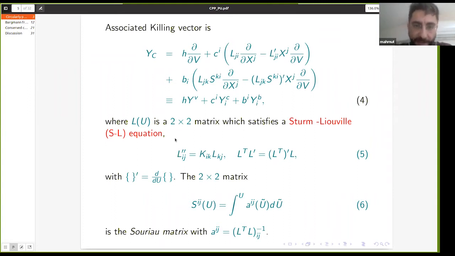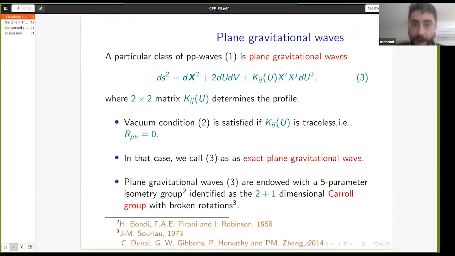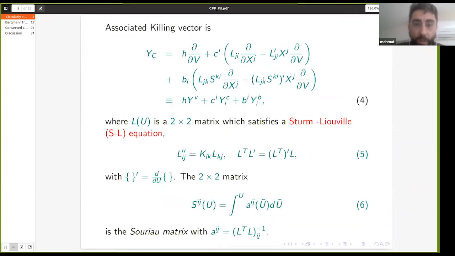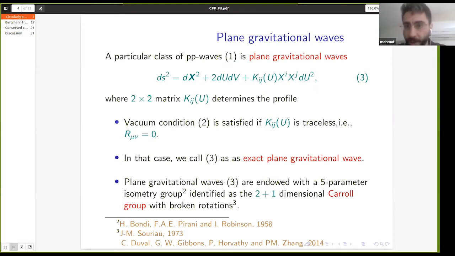The second derivative of L with respect to u will be equal to K times L. So this is a second order matrix coupled differential equation. For each profile K, you need to solve this equation in order to express explicitly the symmetries of this plane gravitational wave.